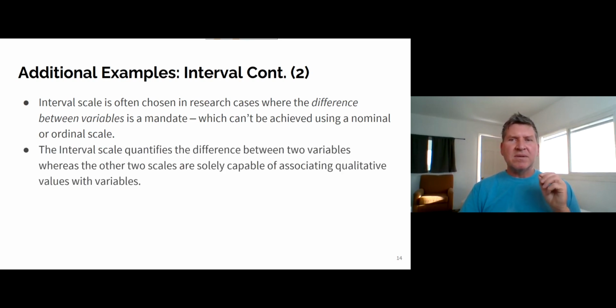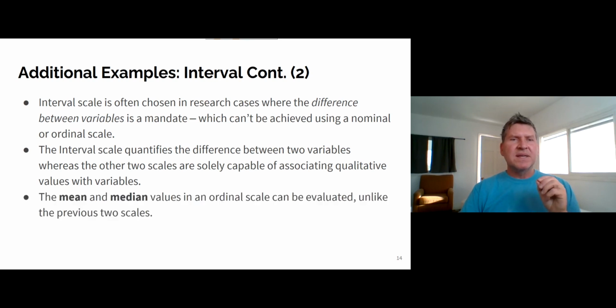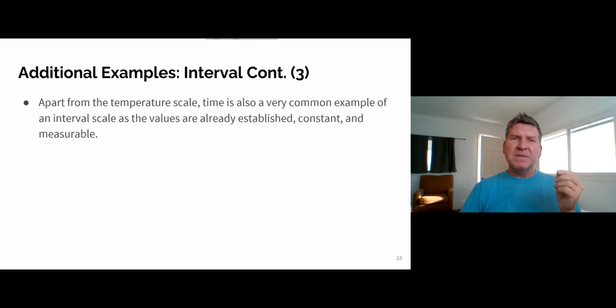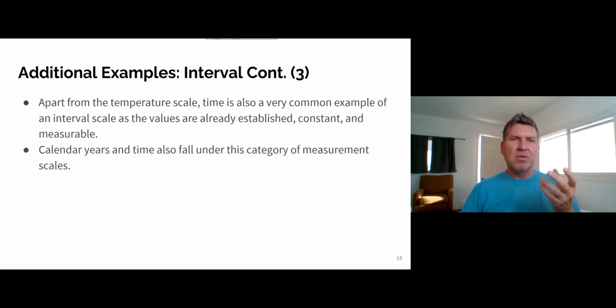So this allows us to look at the difference, and we can calculate things like mean and median in addition to mode. But apart from temperature, there are also several examples. For example, calendar years and time also fall under the measurement of interval.